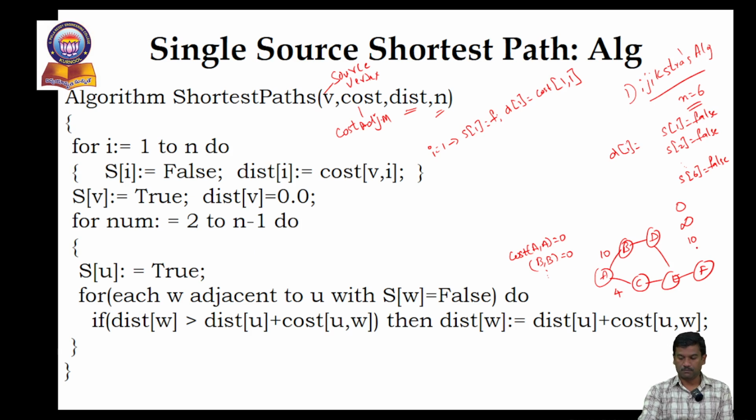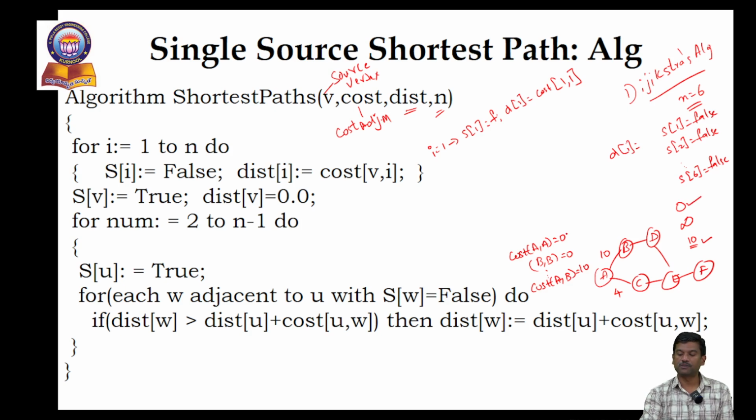And how can you get a value like 10? Whenever you need to calculate cost of A comma B, since there is a direct edge from A to B, the edge cost is equal to 10. That is how a particular edge cost with a numerical value is generated.